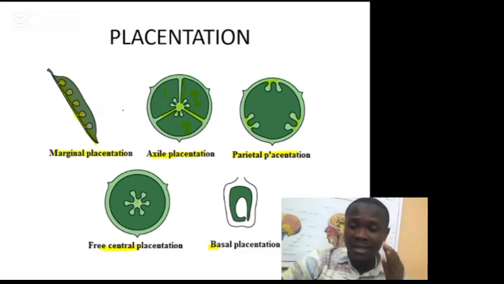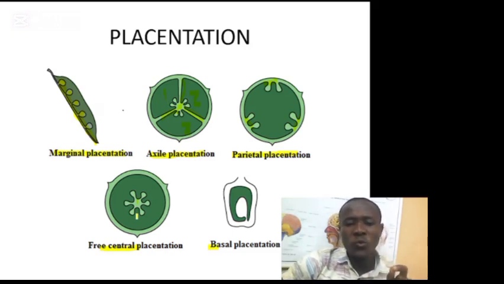Sorry, I didn't give the example of parietal placentation. We have it in cucumber, we have it in pawpaw. Free central placentation is not common; an example we have is the primrose.